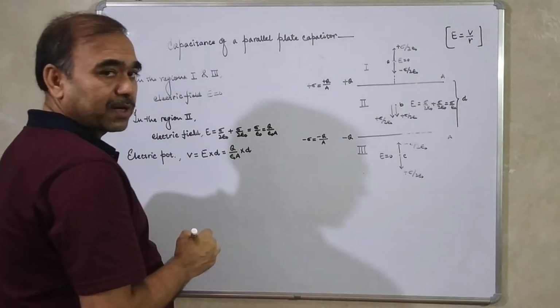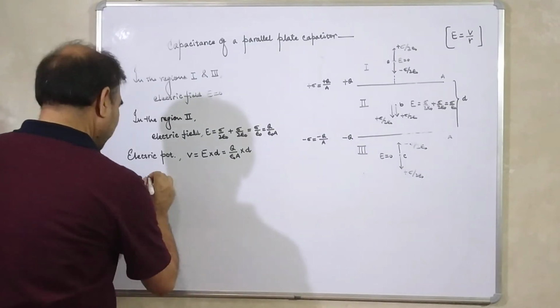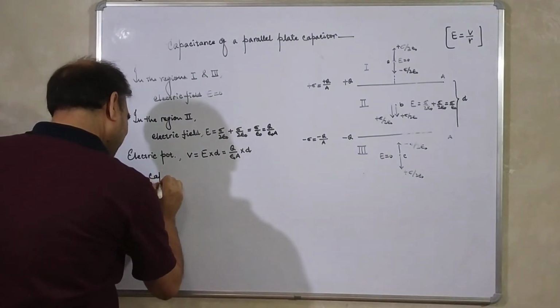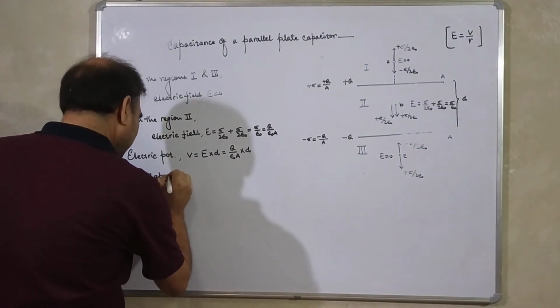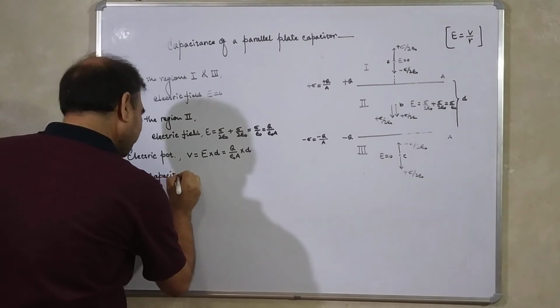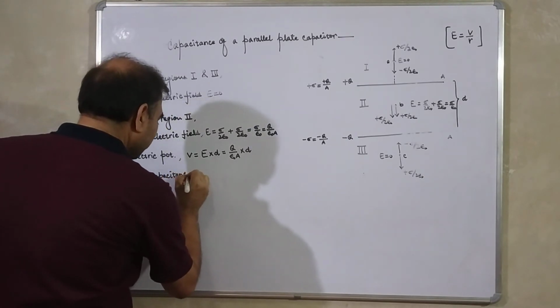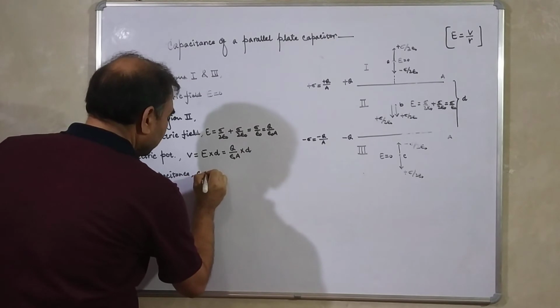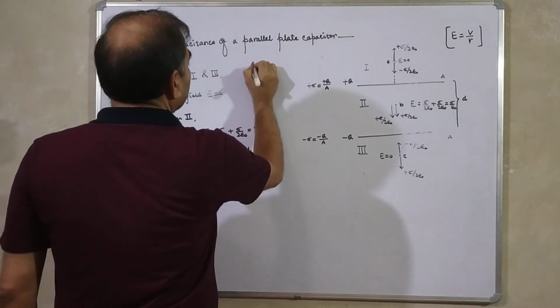This is the electric potential. And capacitance of the capacitor C is equal to, you know, Q is equal to CV.